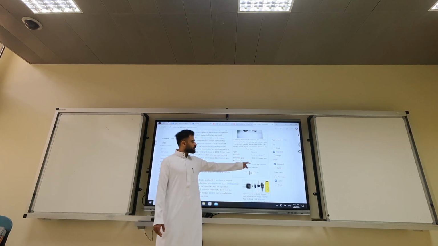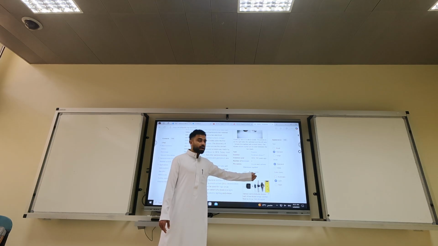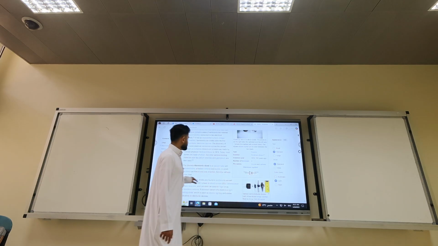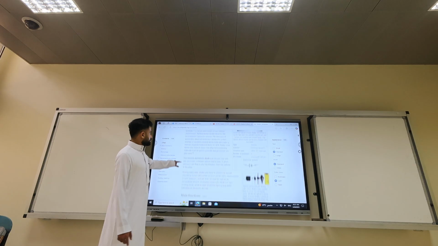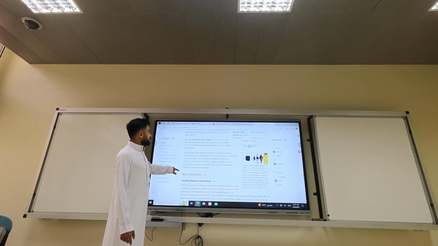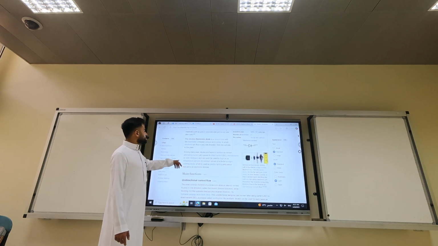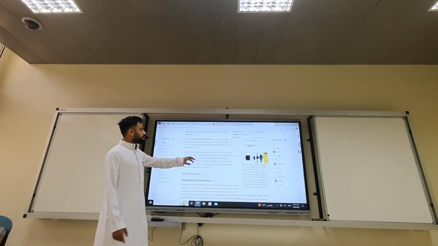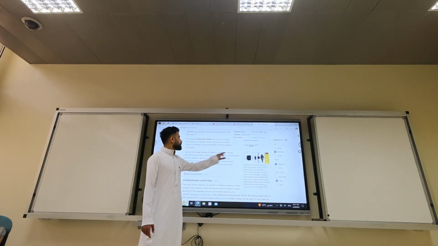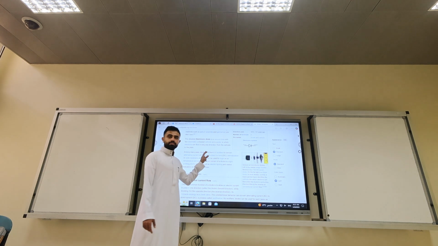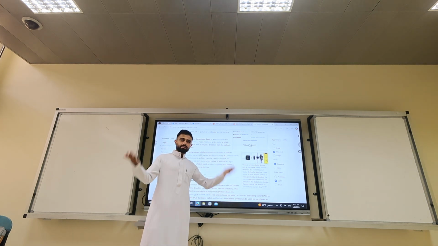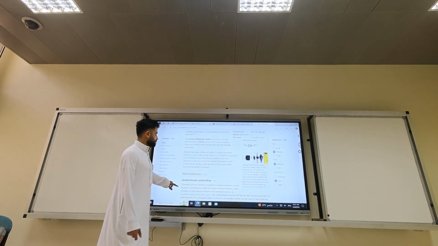And it has two terminals, the anode and the cathode. Okay? Some of the applications, the most important one, it is used to convert AC to DC. That's how we convert AC and DC.